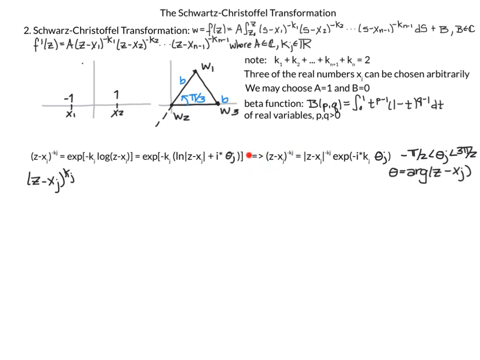This implies that (z minus x sub j) to the kj is equal to the magnitude of our vector z minus x sub j to the minus kj times the exponent of minus i times kj times theta j, where theta j is the argument of z minus x sub j, and we'll look at this more carefully in a moment.